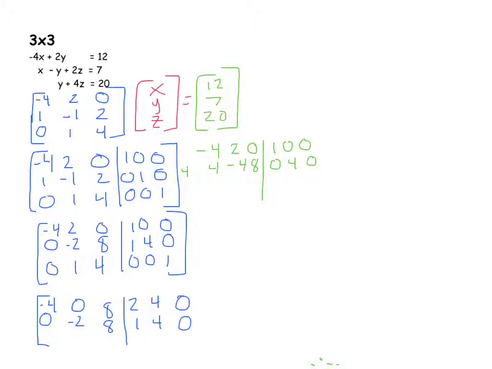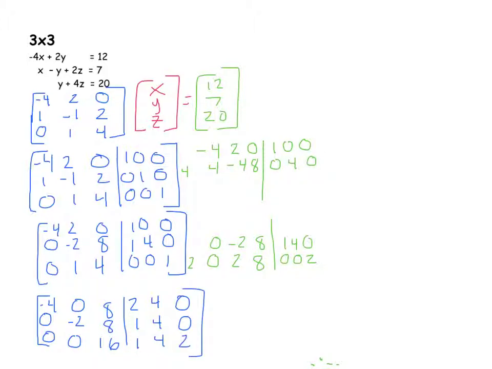And then in the third row, I'm going to multiply that one by 2 and add that with the second row. So I've got the second row exactly the same. And when I multiply by 2, I get 0, 2, 8, 0, 0, 2. So when I add those, I'm going to get 0, 0, 16, 1, 4, 2.